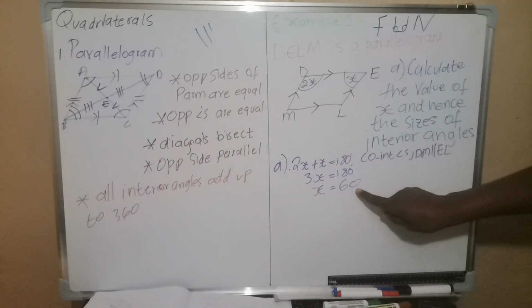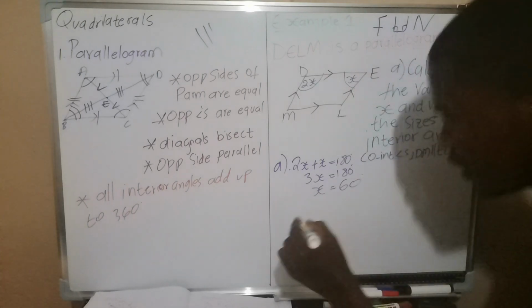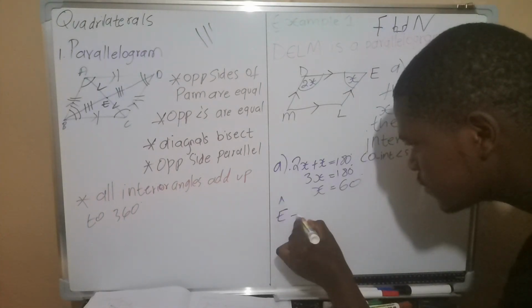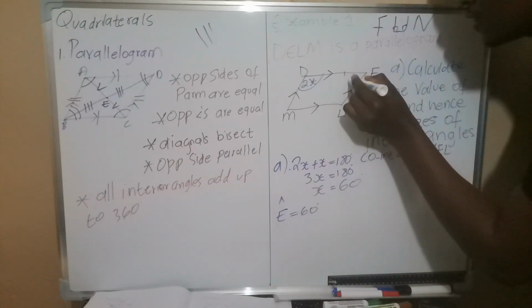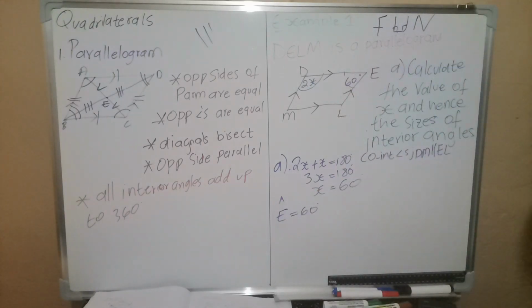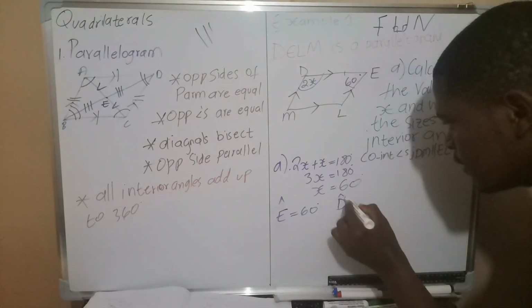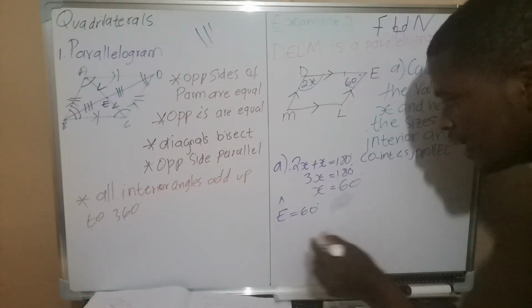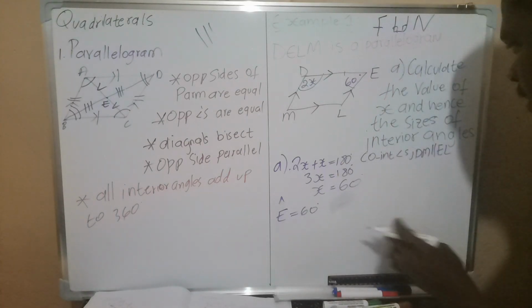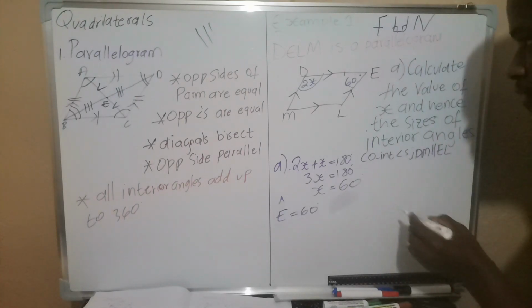Now, angle E obviously is x. X is equal to 60. That means angle E is equal to 60 degrees. And angle D, here you have 2 times x. Now, I don't want to make mistakes here, guys.